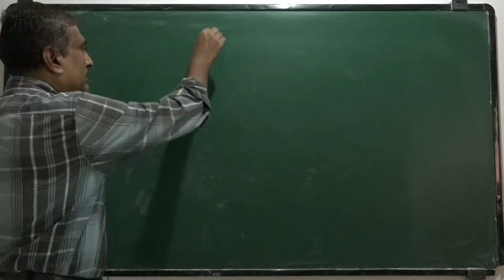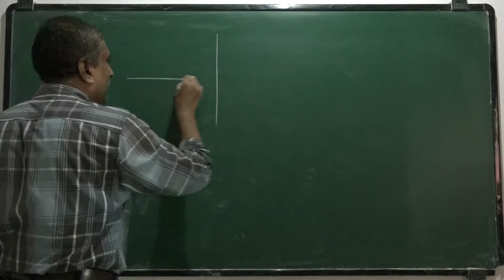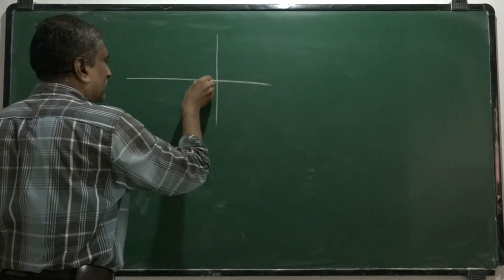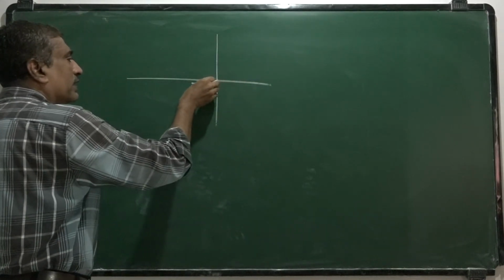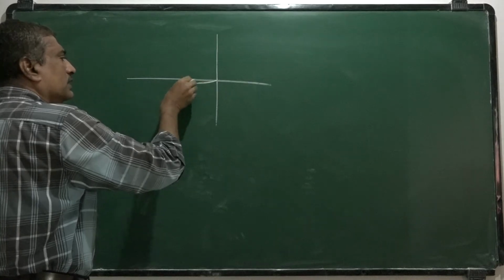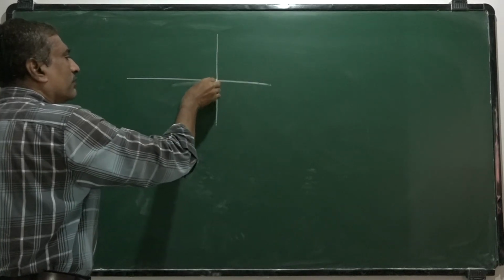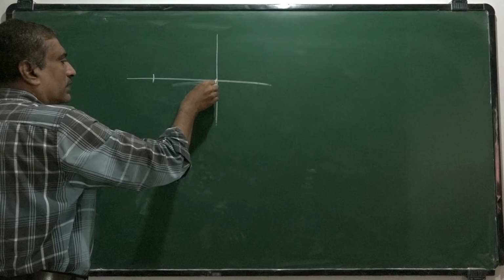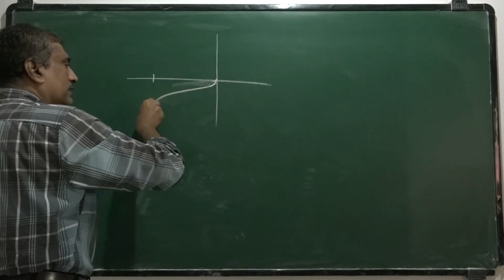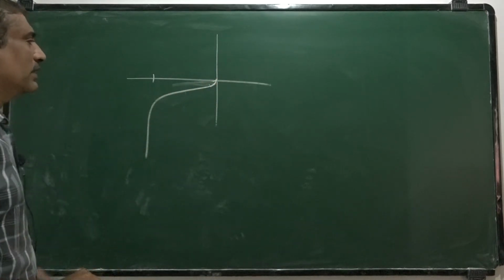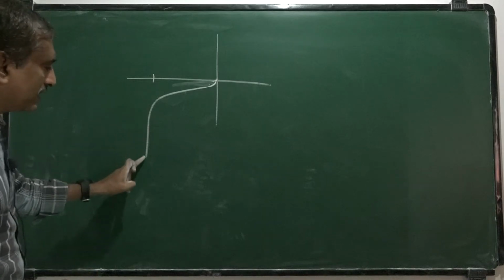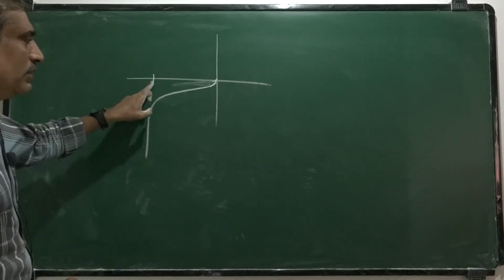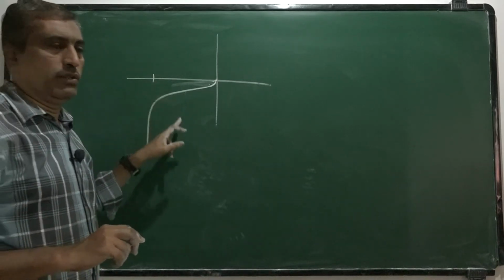Okay. In the reverse bias, we have observed that, due to minority carriers, a small current flows across the junction like this. With the increase in voltage, this increases and suddenly rises like this. And at a particular point, the current suddenly rises, and that particular voltage we define as breakdown voltage.